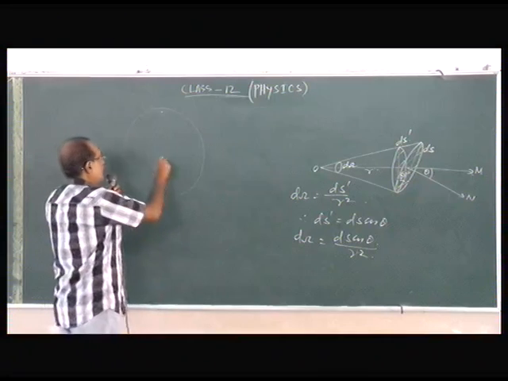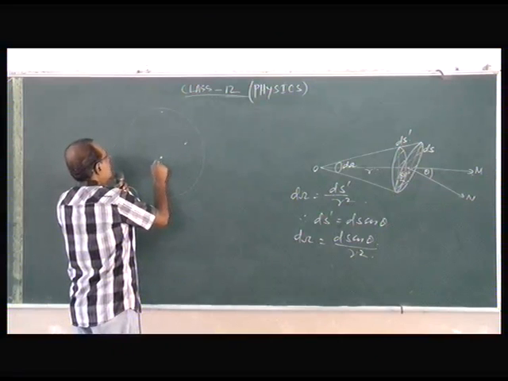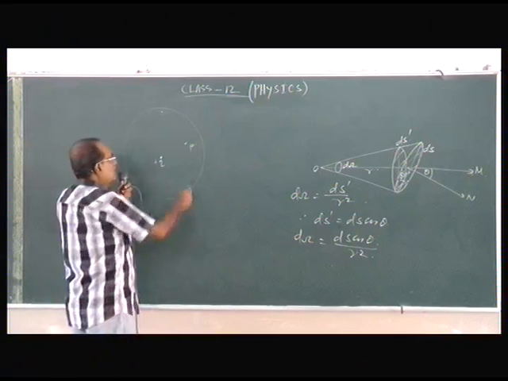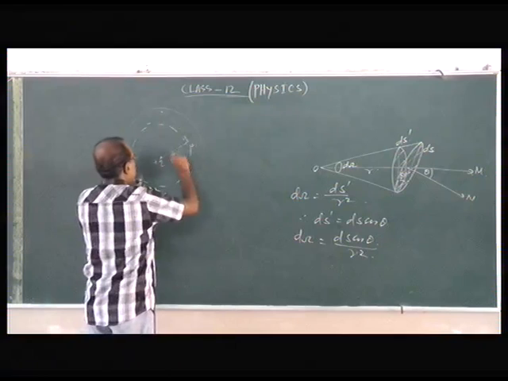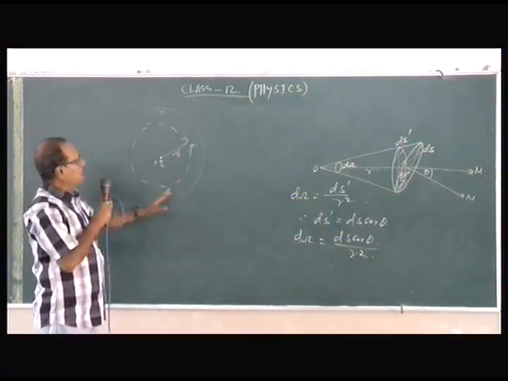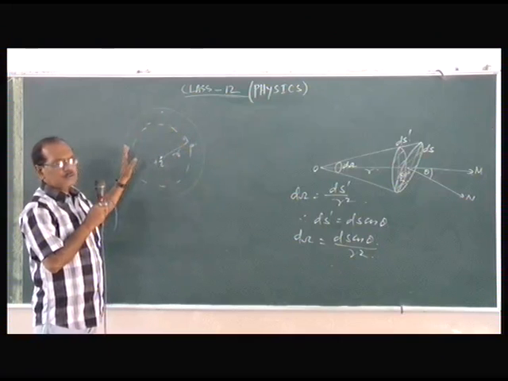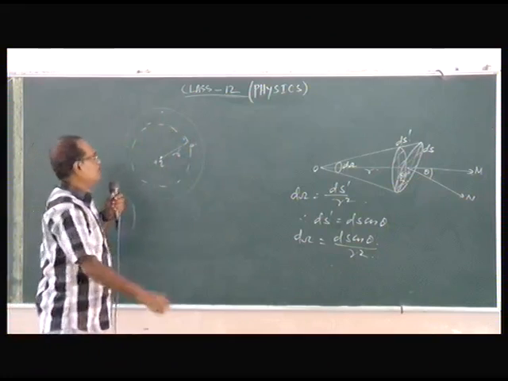If we want to find out, say, the electric intensity due to this charge at this point P, then we'll imagine a Gaussian surface through P. This distance is R. So that Gaussian surface will be what? An imaginary surface like a sphere. Also, this surface must be closed.